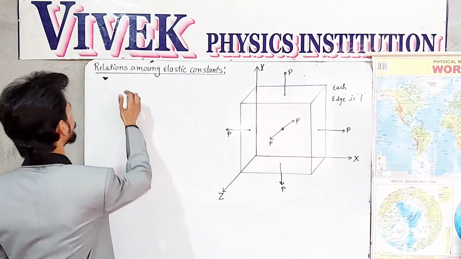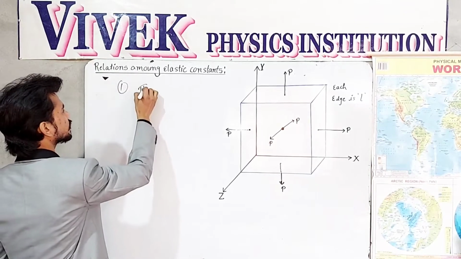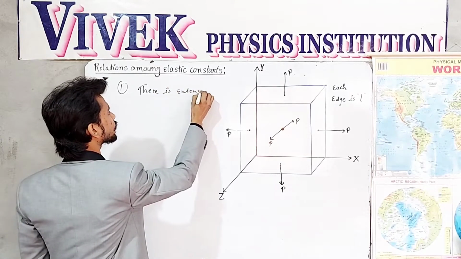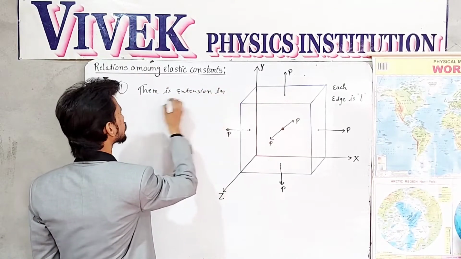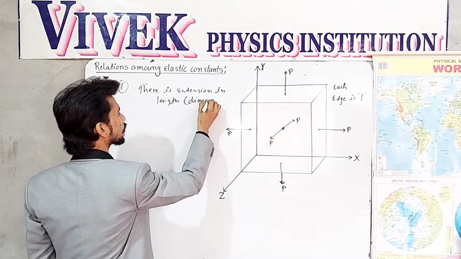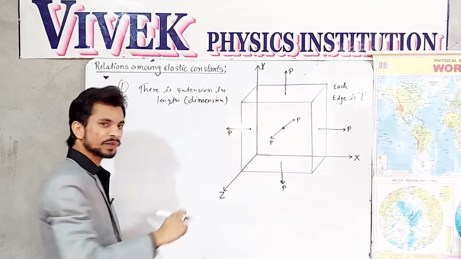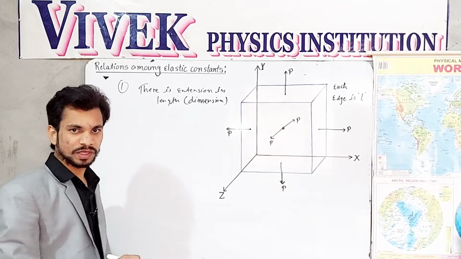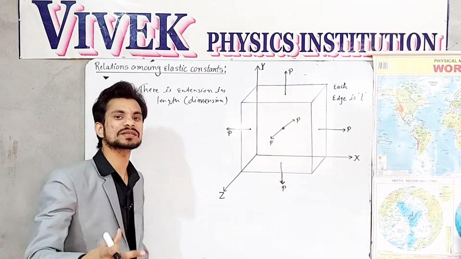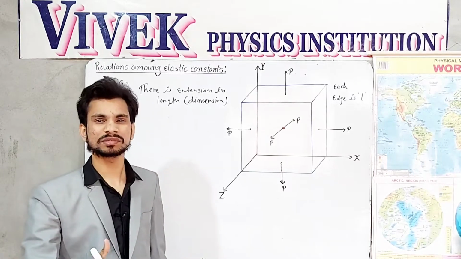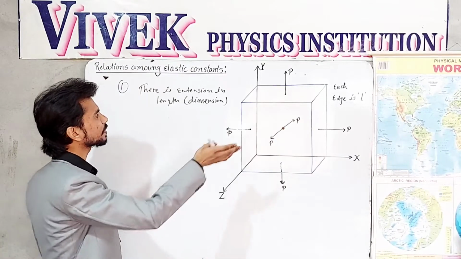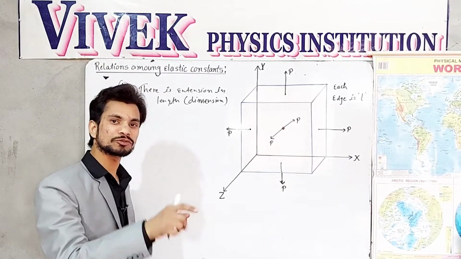One thing is, if there is an extension in length or any other dimension, then we use the Young's modulus of elasticity. Generally, Young's modulus is taken for extensions in all kinds of dimensions. So whenever there is an extension, I will use Y.